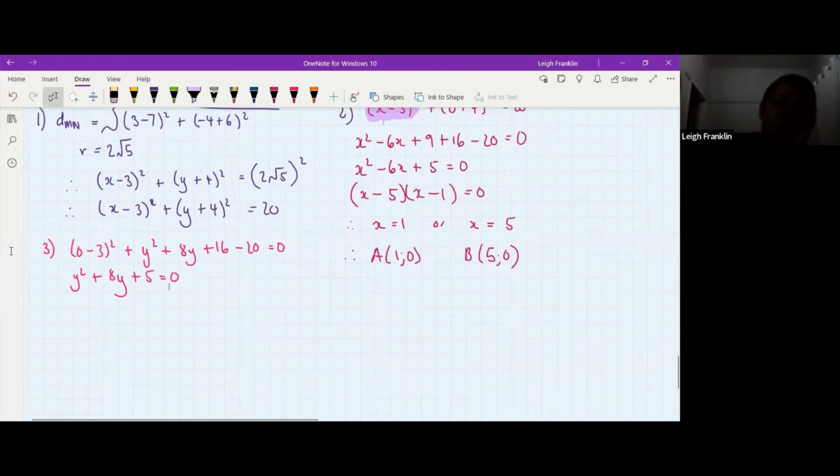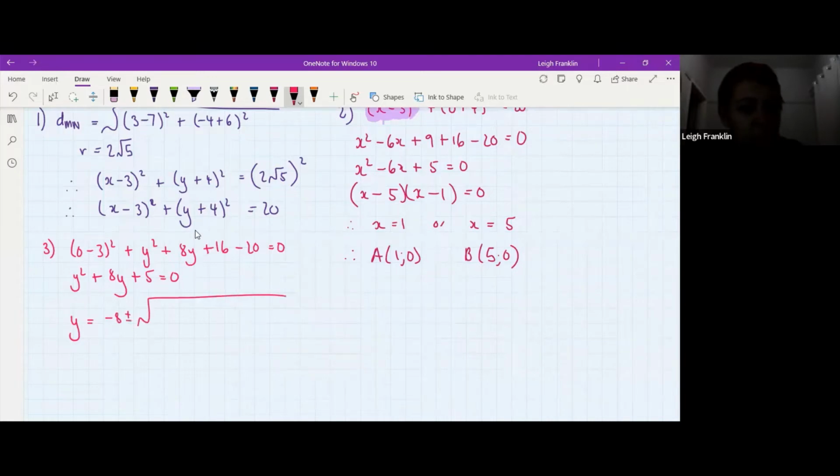Okay, so that means that this doesn't factorize. So if something doesn't factorize, what do we have to do? Use the quadratic formula. Okay, so y is going to be equal to negative b plus or minus the square root of b squared minus 4ac, all over 2a, and therefore y equals, hang on a second, let me just put it in my calculator.